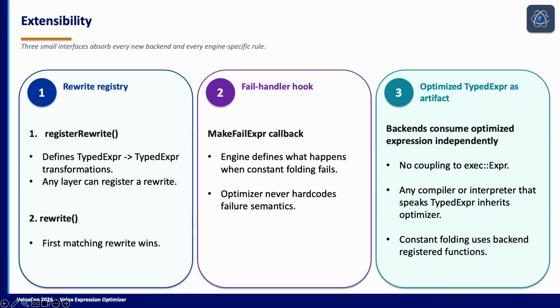And second, you have a fail handler hook, so you'll be able to customize failure handling during expression optimization per your engine requirements. And the third is the optimized expression is a typed expression, which is what Velox exposes externally.